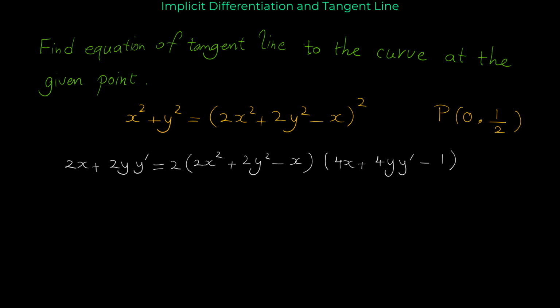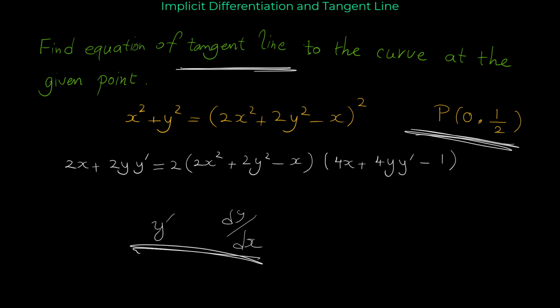Now maybe you think to solve this equation for y prime because we want to find y prime or dy over dx. But attention, here we are not looking for y prime in general. We don't want to find dy over dx in general. We want to find only the slope of the tangent line, or y prime, only at this particular point.